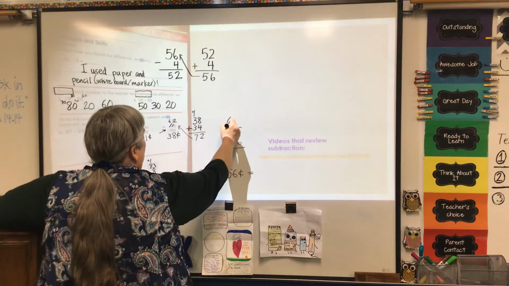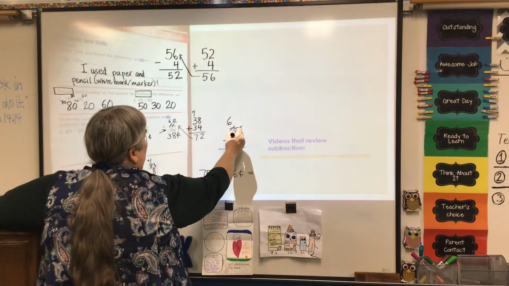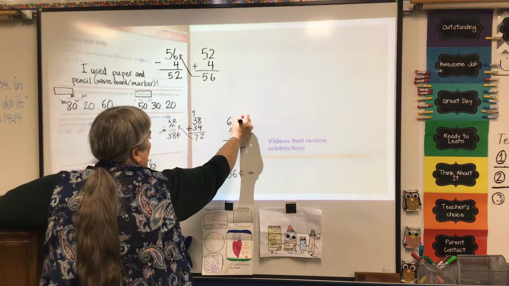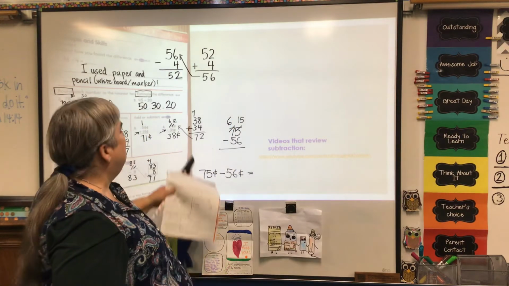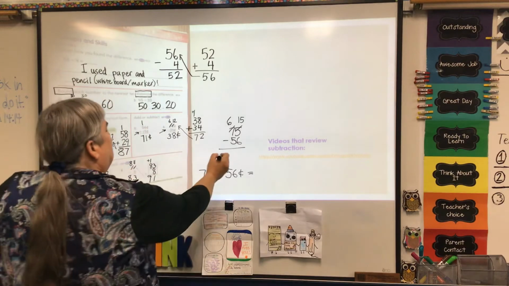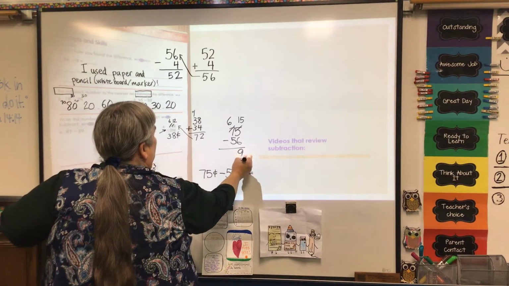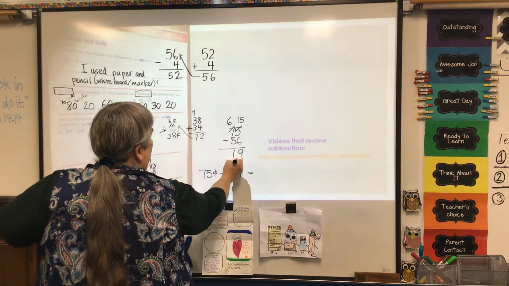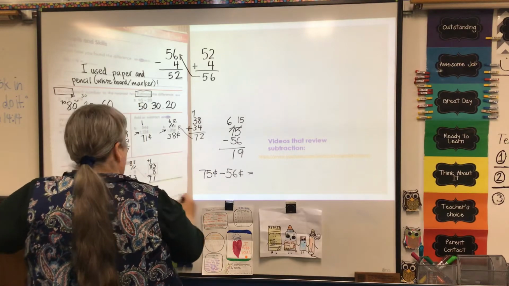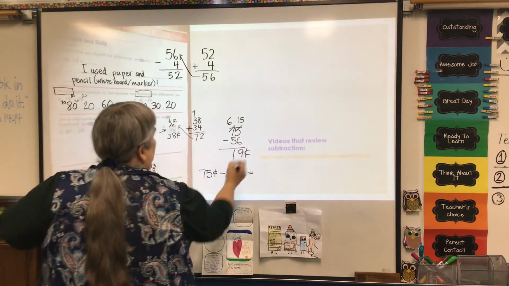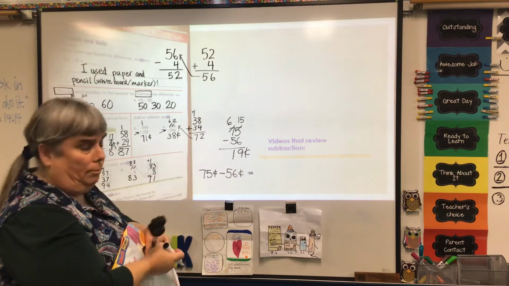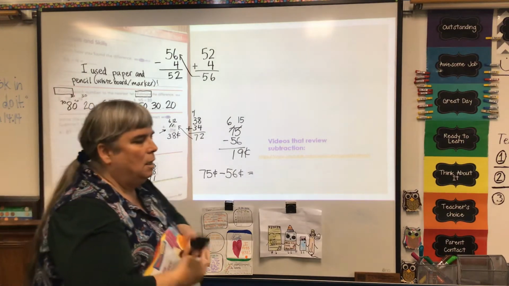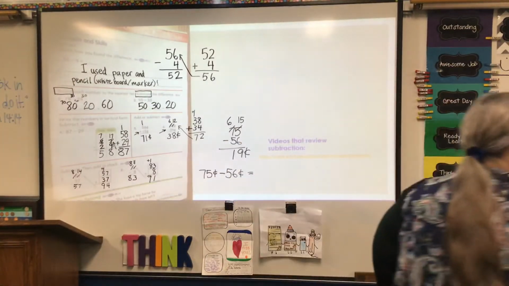But I'm going to take 1 set of 10 and add it to the 5 that is there, and make that 15. Now I can do it. 15 take away 6 is 9. 6 take away 5 is 1. And then I'm going to add back the cent symbol because that reminds me that we're doing a problem that's all about money.